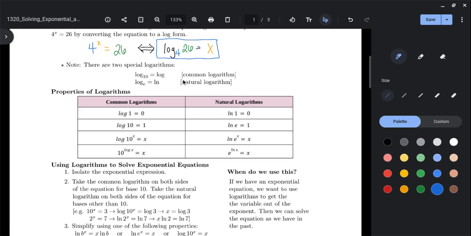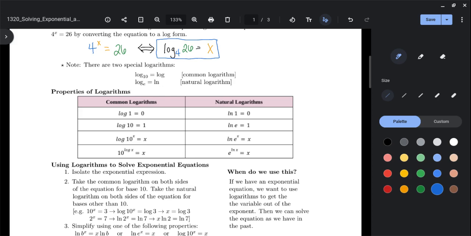This is the log button that you see on your scientific calculator or on the Desmos calculator. Those are all the common log, or log base 10. The other one that we're going to look at is natural logarithms. Those are log base e, but they will most commonly be written as ln. Again, that's the button that you would see on a standard calculator.